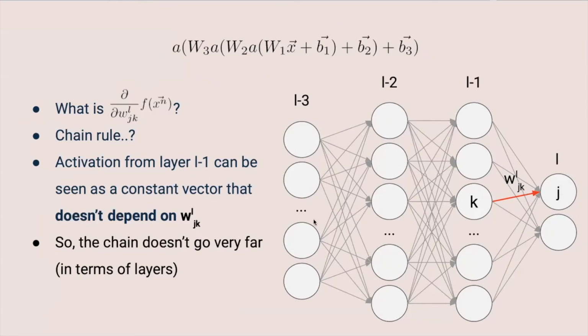Because anything that comes before this weight, so anything that's further than W3 here, doesn't depend on this weight, right? So when we take the derivative of this, it turns out that all this is just a constant, right? But if we were to take the derivative with respect to something much earlier, then we have a much longer chain rule, right?